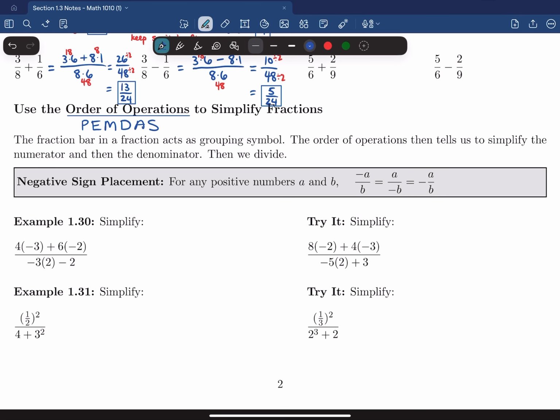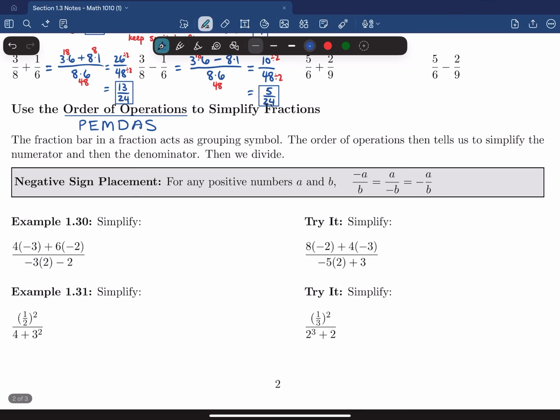You'll recall that the order of operations is an acronym PEMDAS for parentheses, exponents, multiplication, division, addition, and subtraction. So when we encounter fractions, it's important to note that the fraction bar acts as a grouping symbol. The order of operations then tells us to simplify the numerator and the denominator, and then we divide.